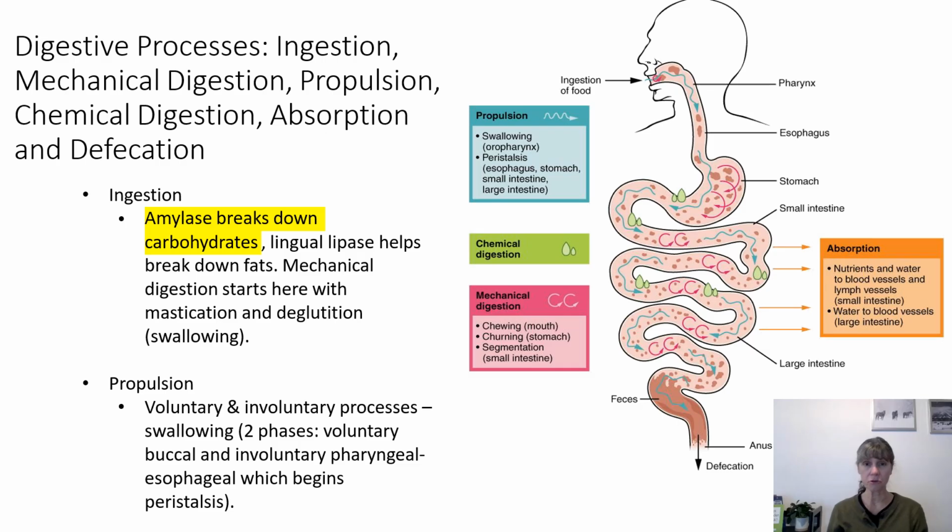Food then goes through the propulsion processes, which include voluntary and involuntary actions. Swallowing is actually a two-phase voluntary buccal and involuntary pharyngeal esophageal process, which begins peristalsis.